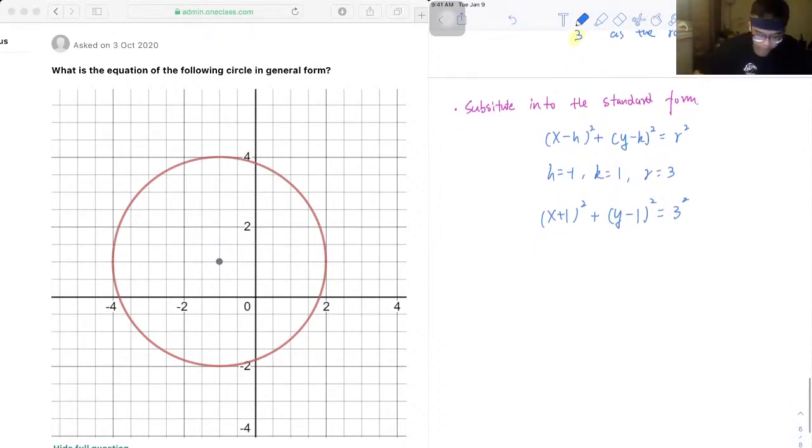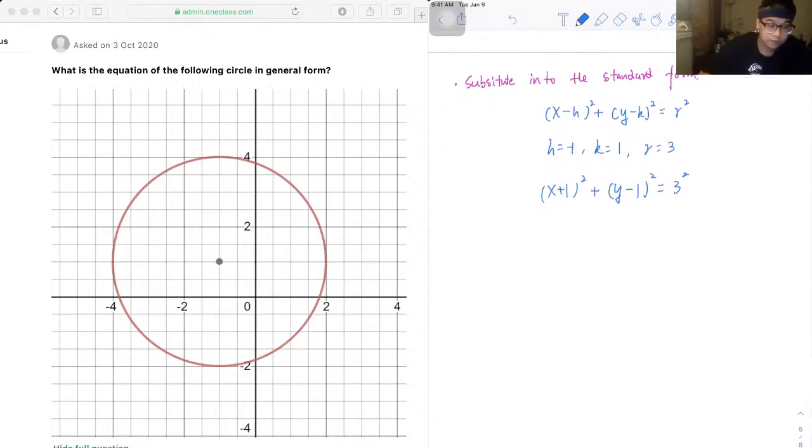Right, so now let's get rid of the exponent and bracket. So we have x squared plus 2x plus 1 and plus y squared minus 2y plus 1, which is equal to 3 squared, which is equal to 9.